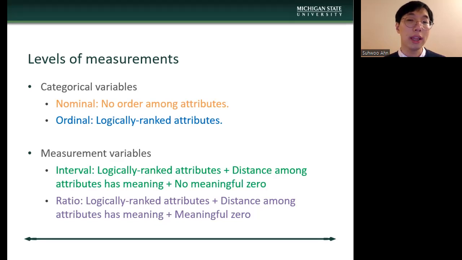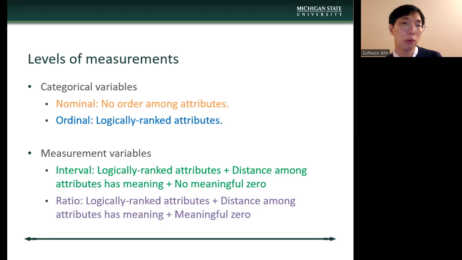And the third one is interval measure. The characteristics of the interval measure are that the values are logically ranked, the distance among attributes has meaning, and there's no meaningful zero. You can think about temperature. We'll talk about this example in the recitation. What is 0 degrees of temperature? Does it mean it does not feel cold or does not feel warm?